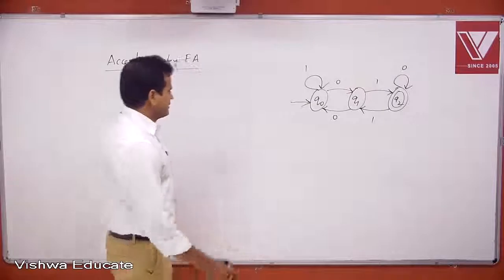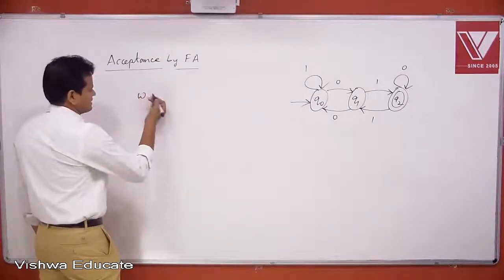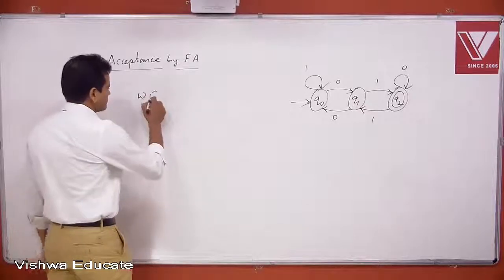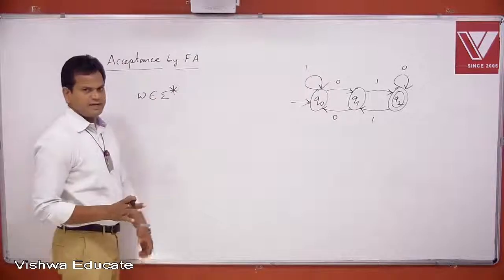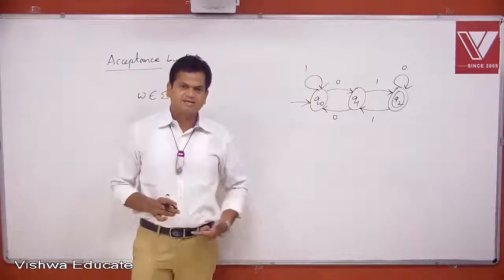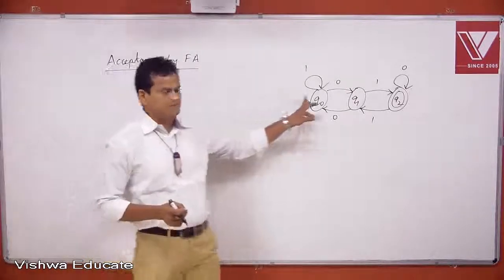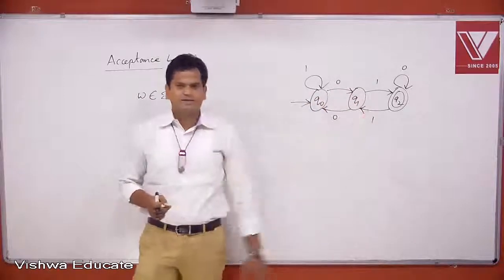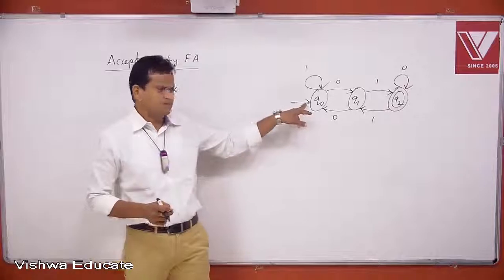Okay. When do we say a string is accepted? A string, generally we represent with W, belongs to sigma star, which means it is a finite combination of input symbols. A string W belonging to sigma star is said to be accepted by finite automata if it starts at the initial state. What is the initial state here? Q naught.